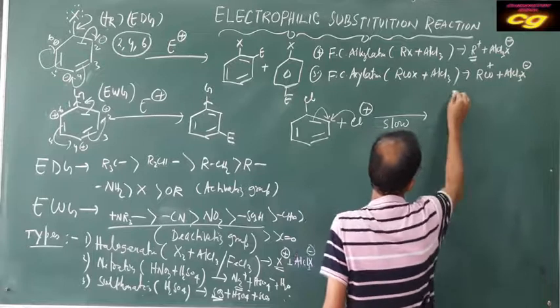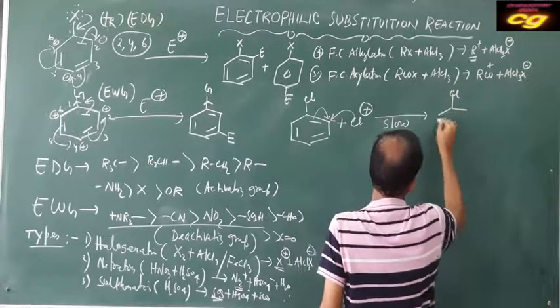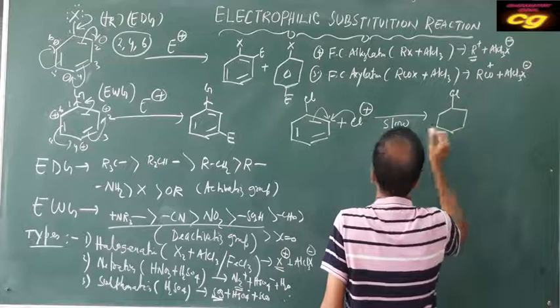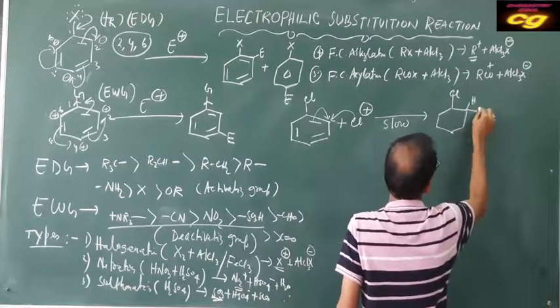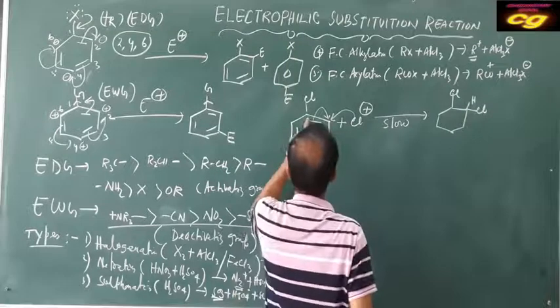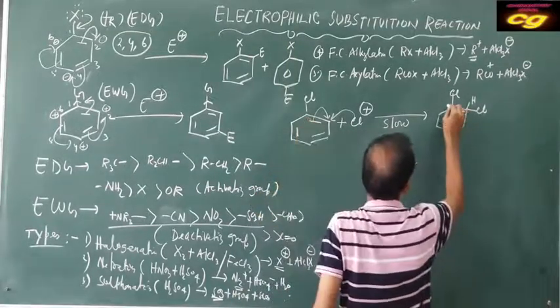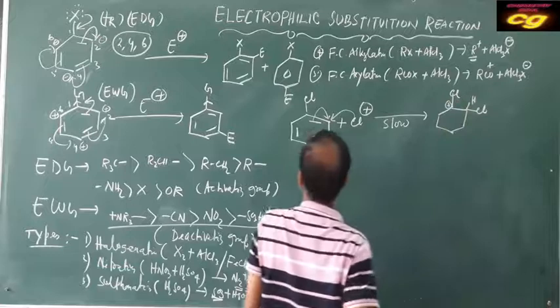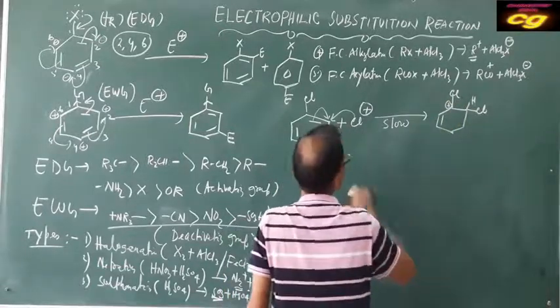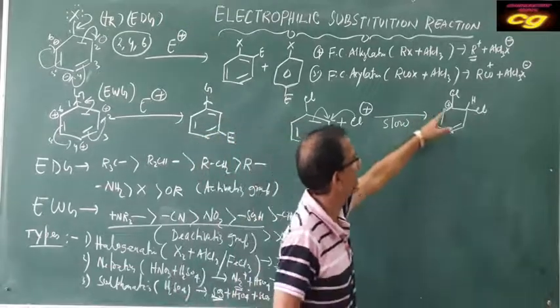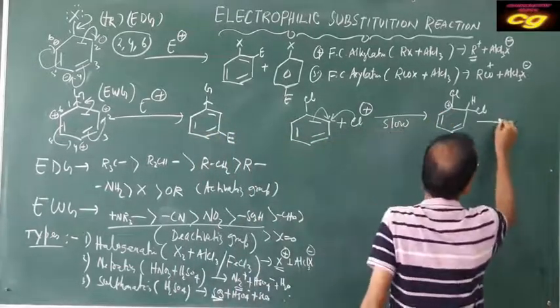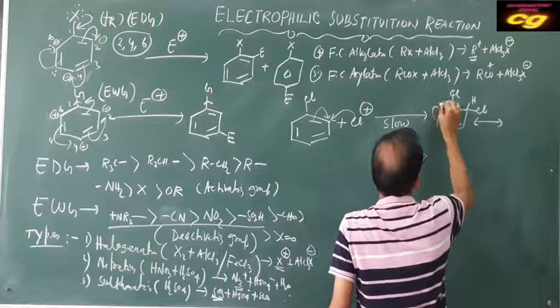First will be Cl. Already hydrogen is here, then chlorine will be substituted, and this group will be plus. So there is formation of positive charge, and similarly the resonance will move like this.